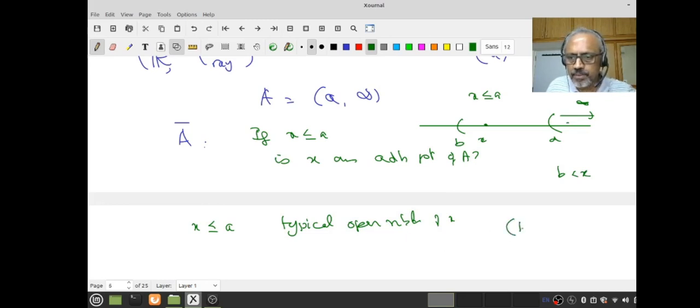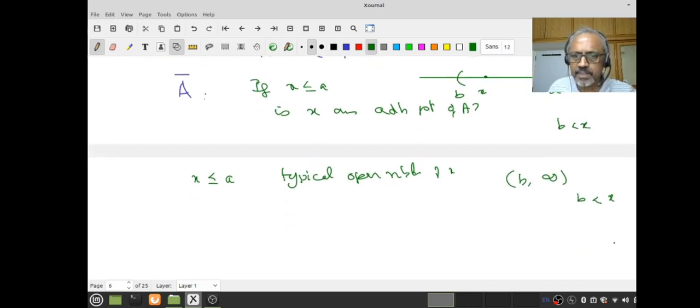They are of the form B infinity where B is less than x. Do you follow that? Since x is less than or equal to A, and this is less than B, this says A infinity is contained in B infinity.